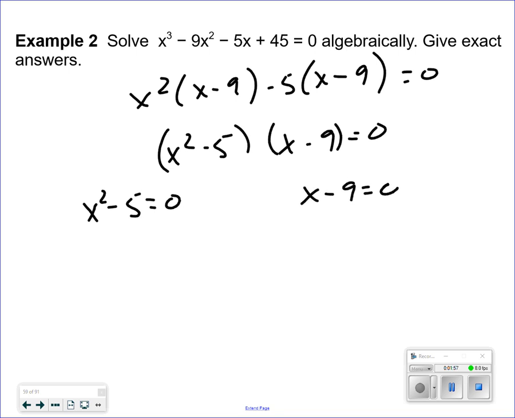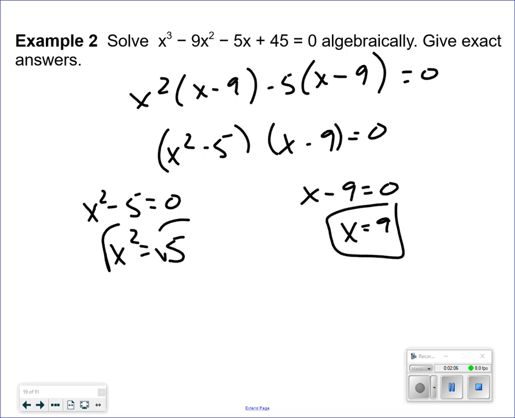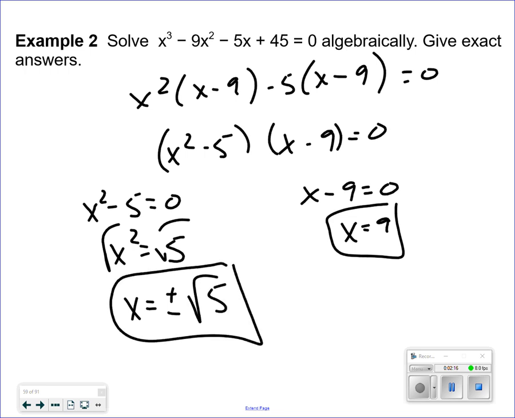The factors don't necessarily have to be linear, meaning x to the first power. It can also have factors that are x squared, because I have been taught in a previous chapter how to solve. So I take the square root of both sides, and x would equal plus and minus. Remember, anytime you take the square root of both sides, you get a plus or a minus square root of 5. So there's 3 answers here.